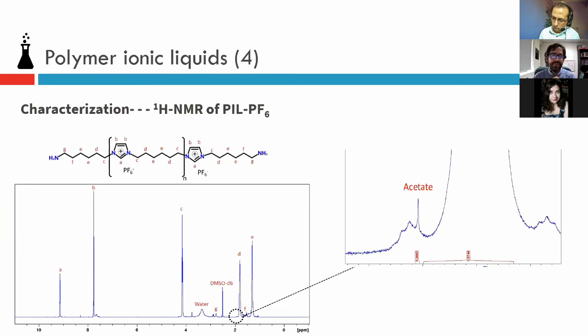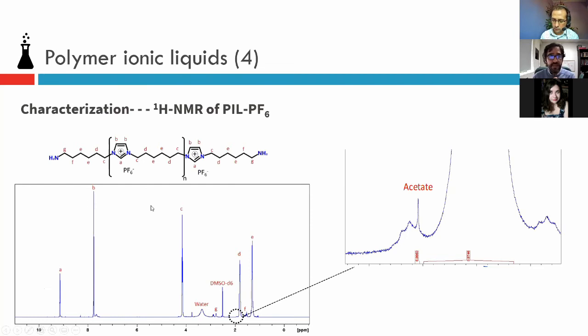So at the end, the spectrum is very complicated to analyze. But if you do this purification process and you analyze the polymeric ionic liquid in the hexafluorophosphate form, you can obtain a very simple spectrum.